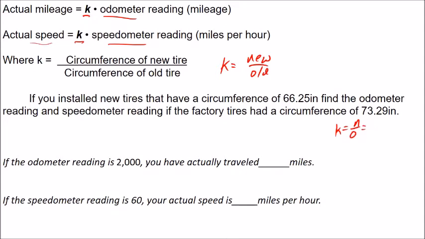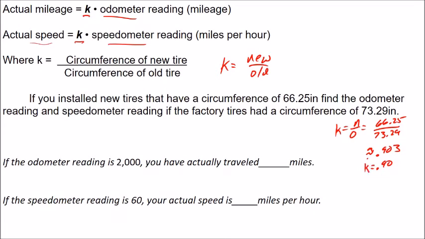So our new tires, 66.25, divided by the old tires, 73.29, will give us an approximate K value of 0.903, which we're going to round to the second decimal place, so we get 0.90 for K.